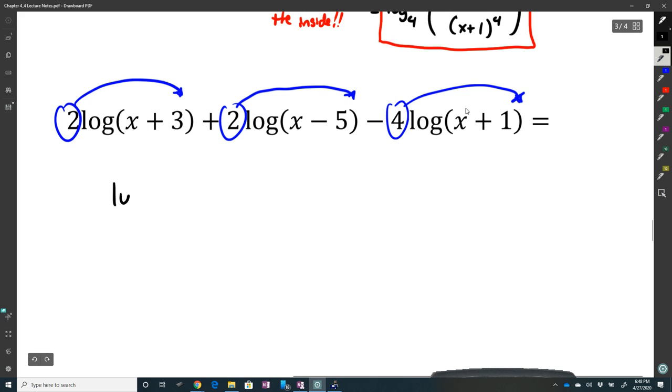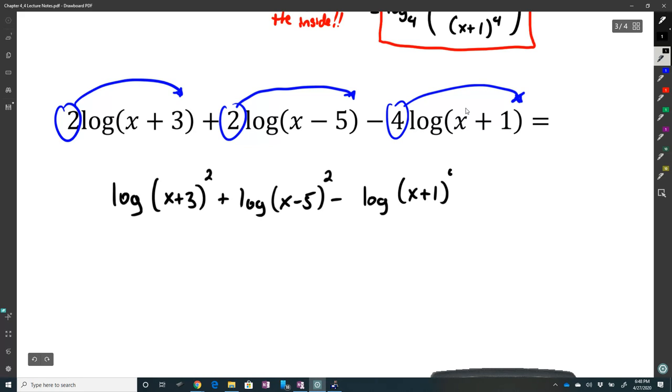That's the first step. Okay, plus log of x minus 5 squared minus log of x plus 1 to the 4th.